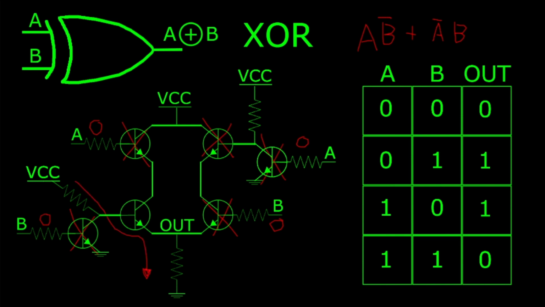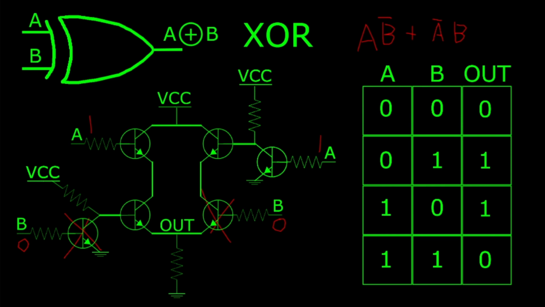So even though we have a path for current flow from VCC to ground through the base of this transistor, because this resistor has so much more resistance than this resistor down here does, this resistor will drop almost all of the VCC across it, leaving very little voltage for this one to drop, and we can say that our output is low.